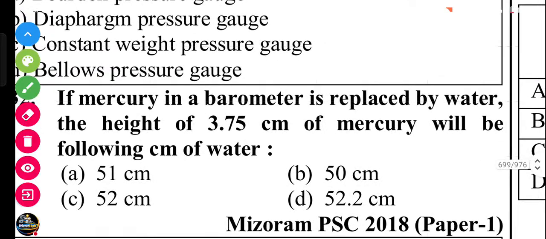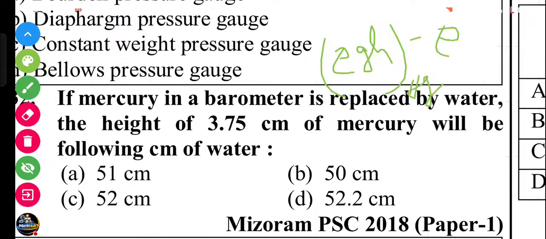Next question, friends. If the mercury in a barometer is replaced by water, what will be the height? 3.75 centimeter of the mercury will be followed by the water, with pressure ρgh equal to ρgh of the manometric fluid, the mercury Hg, and ρgh of the water.